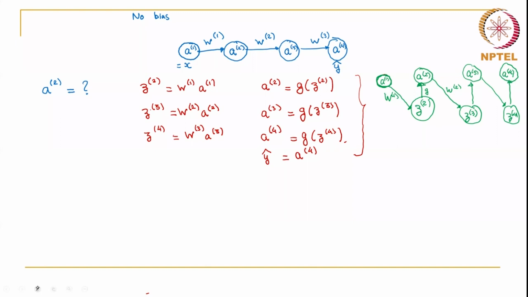Now, just for the sake of this toy problem that we are doing, do remember that in theory, this G need not be the same as this G, need not be the same as this G. That is, I can use one non-linearity here, some other here, and some other here.